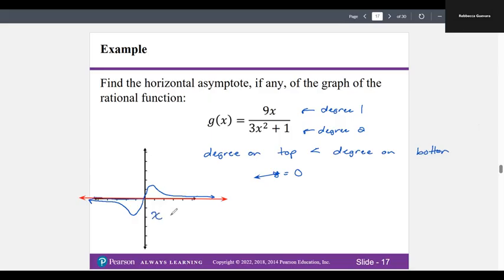As x heads to positive or negative infinity, my y values are approaching 0. So we have a horizontal asymptote of y equals 0.